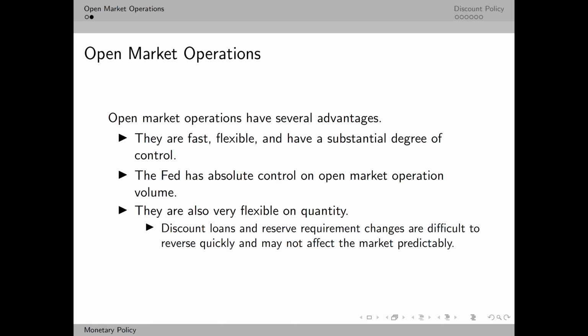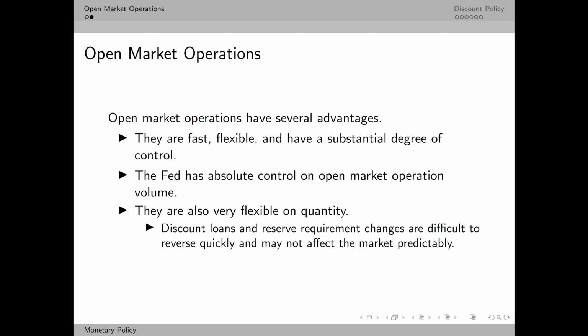And open market operations are nice for a couple of reasons. First, they're extremely fast. It's an immediate trade. Also, they're extremely flexible because they can pretty much trade whatever they need to on quantity, and so it's easier to change open market operations when there's a sudden change in the market, because there doesn't really have to be a meeting.